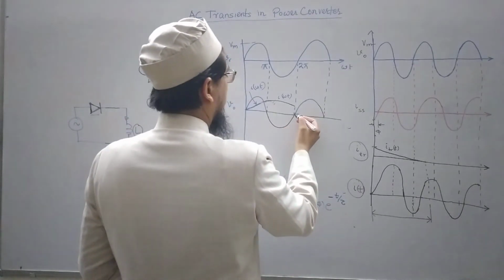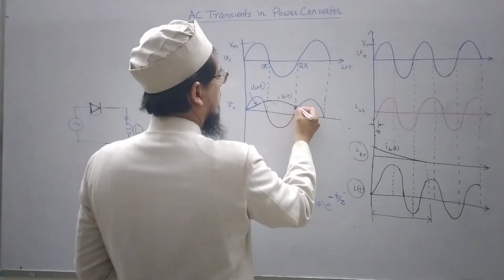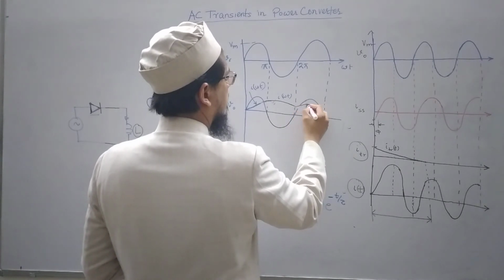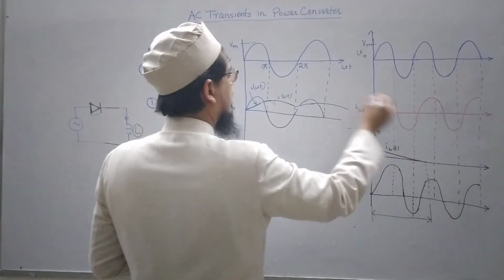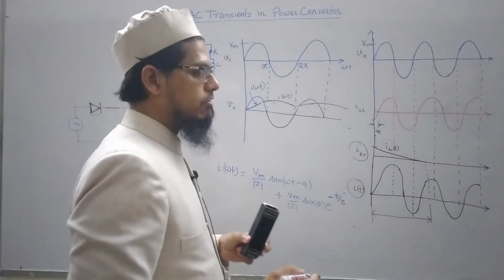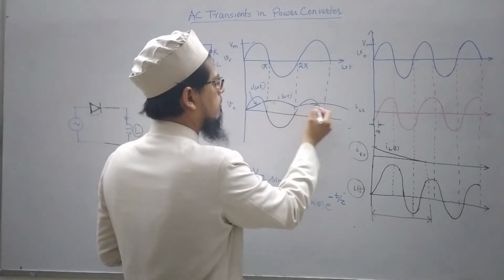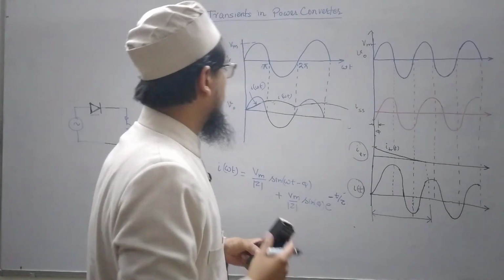When this voltage again becomes positive, the current starts increasing again, and finally it would be varying between two finite values, some minimum value here and some maximum value here.